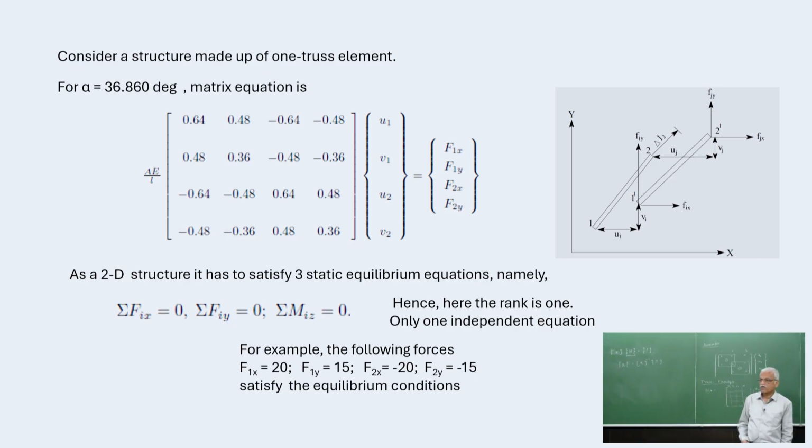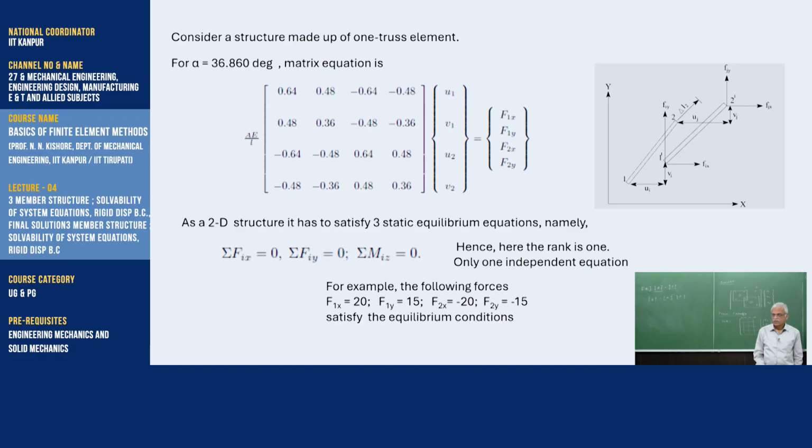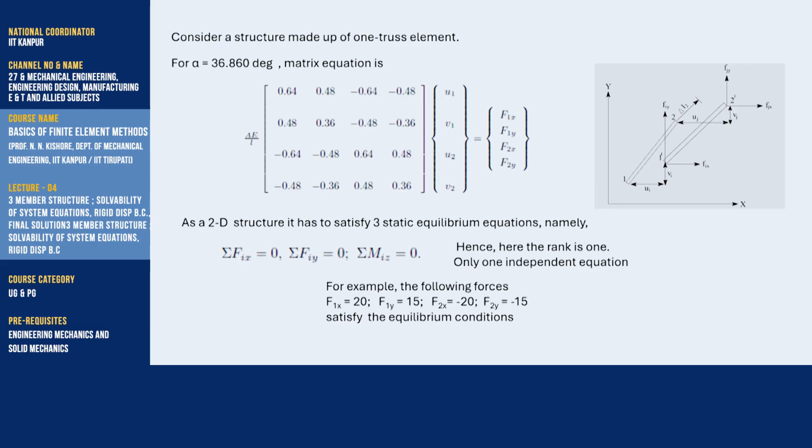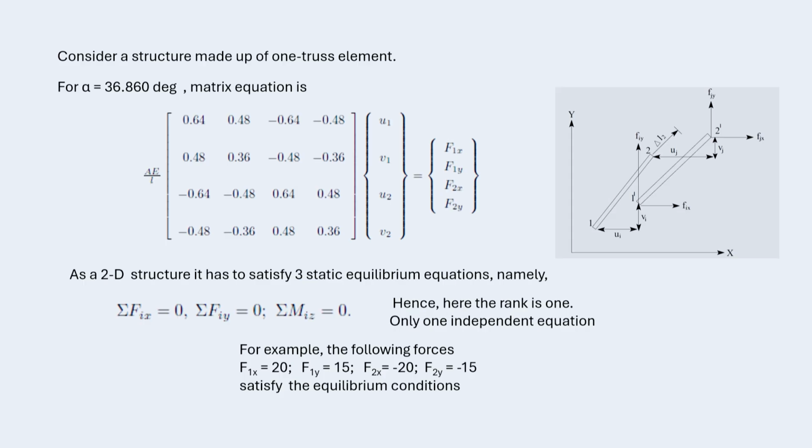For example, the following force components, you can see here, f1x being 20, f1y being 15, f2x being minus 20, f2y minus 15. So definitely they satisfy the equilibrium conditions. Obviously you can see that f1x plus f2x add up to 0, f1y plus f2y add up to 0, as well as their moments about any point, either point 1 or point 2. So that leads to the moment being 0.